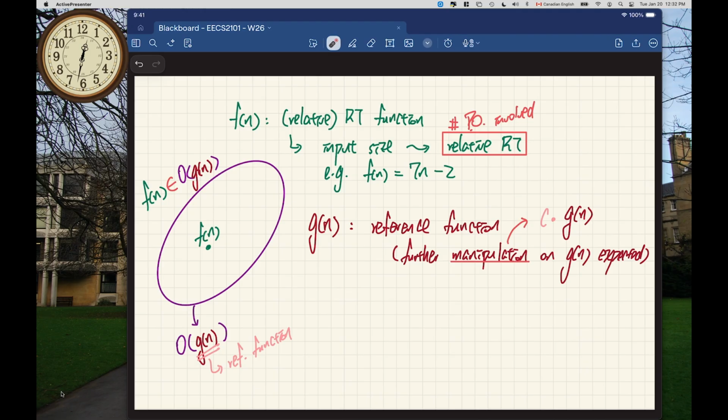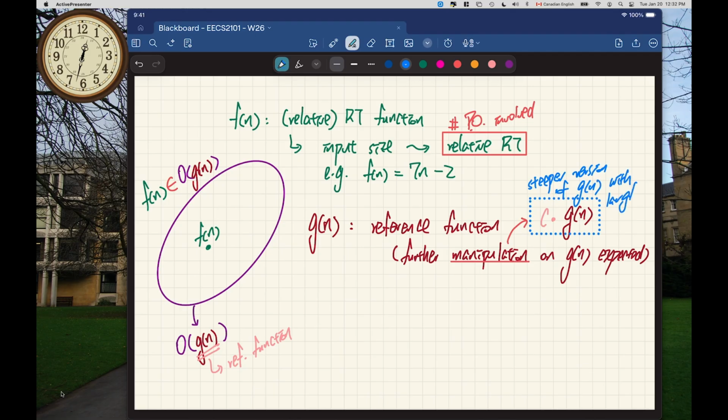Now I'm going to visualize this for you. That's very important. Basically, multiply g of n by c, and we effectively modify the slope of g of n. You can think about this as a steeper version of g of n with larger slope.